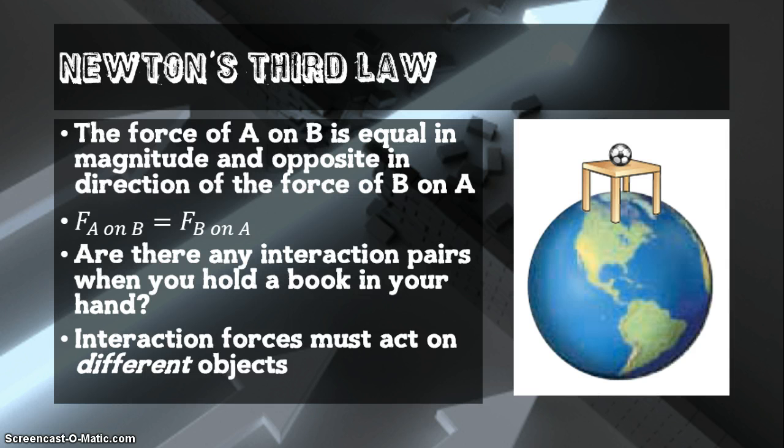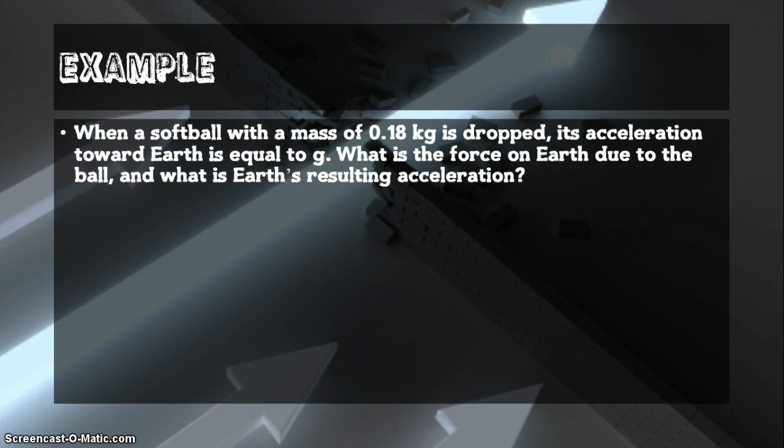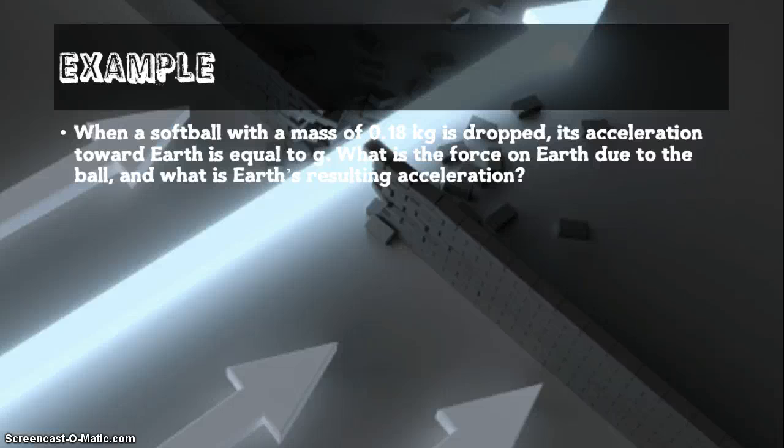The reason you don't notice it is because, as we'll see in our example problem on the next page, Earth has such a huge mass that, according to Newton's second law, the little force the book exerts on the Earth is going to create virtually no acceleration whatsoever.